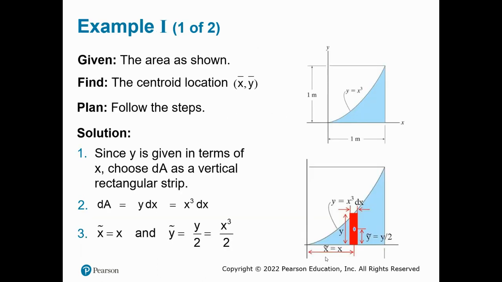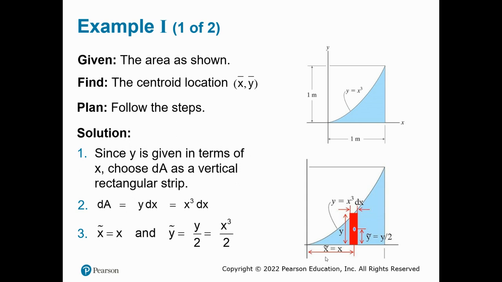So in this one right here, given the area shown shaded in the diagram, shown in the graph, we're looking for the centroid of the blue part. We're going to look for the location of the centroid x bar, y bar. So first, for this problem, we are going to pick a vertical strip. So for the red vertical strip that we're looking at, dA equals y dx, y being how tall this red strip is, and dx being, horizontally, a very small element.